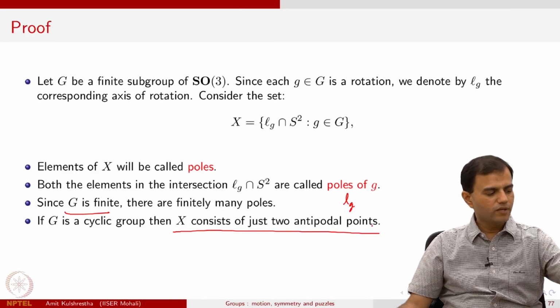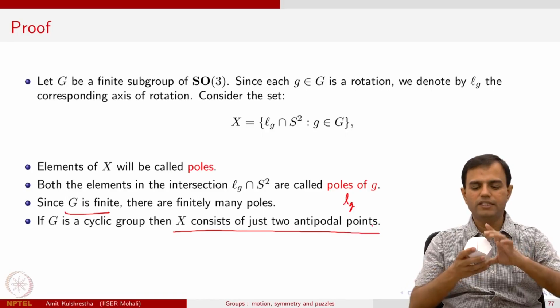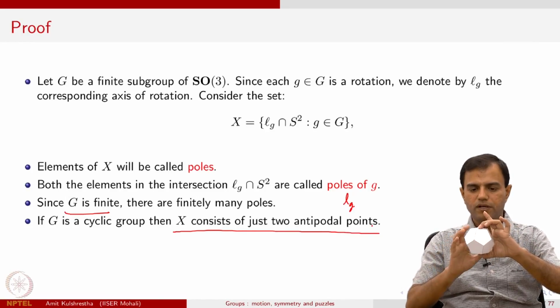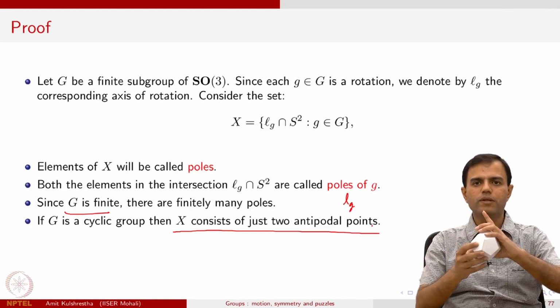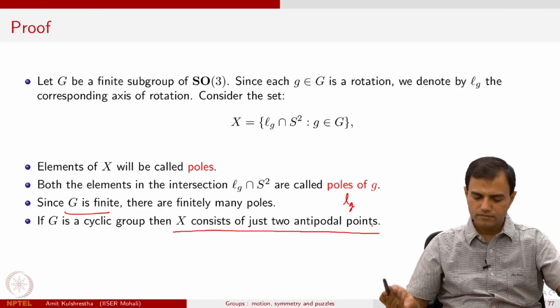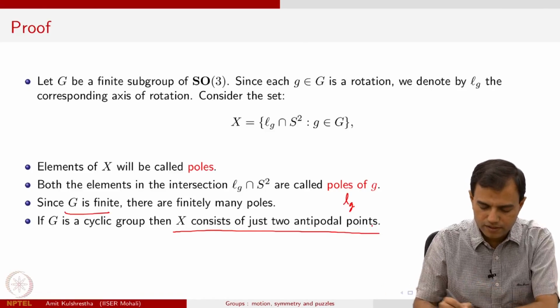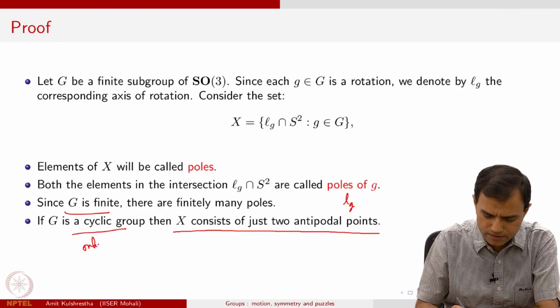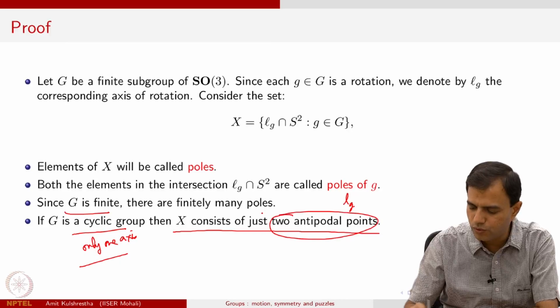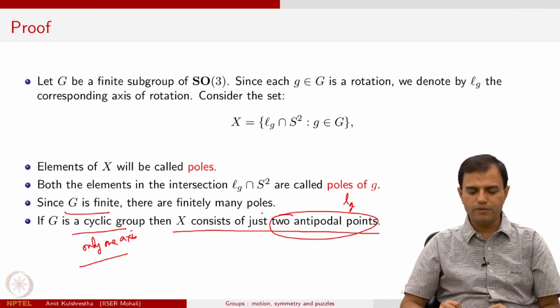Because when you have a cyclic group, just imagine as if it's a sphere, there is only one axis. Cyclic group meaning there is only one axis. Therefore, X will have only two elements, just the antipodal points.